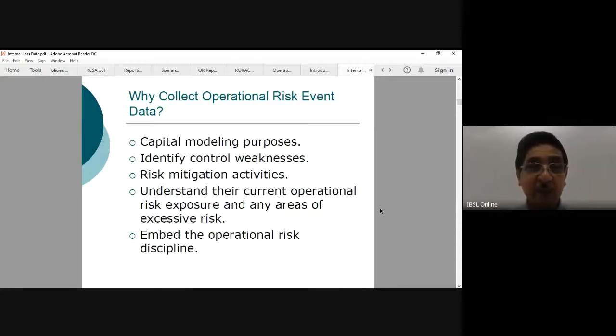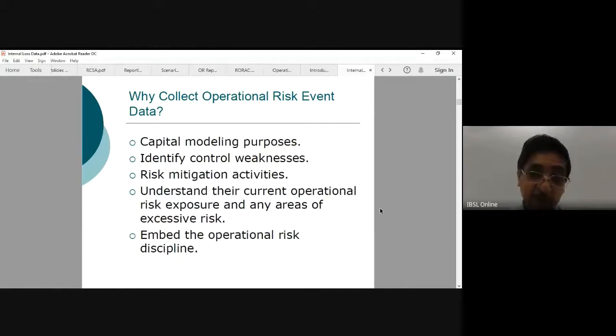Risk quantification comes through the intensity of the risk, which is given in rupee terms, or we call it impact, and its frequency. These are the two factors you have to look at in order to get an idea about the level of the operational risk.